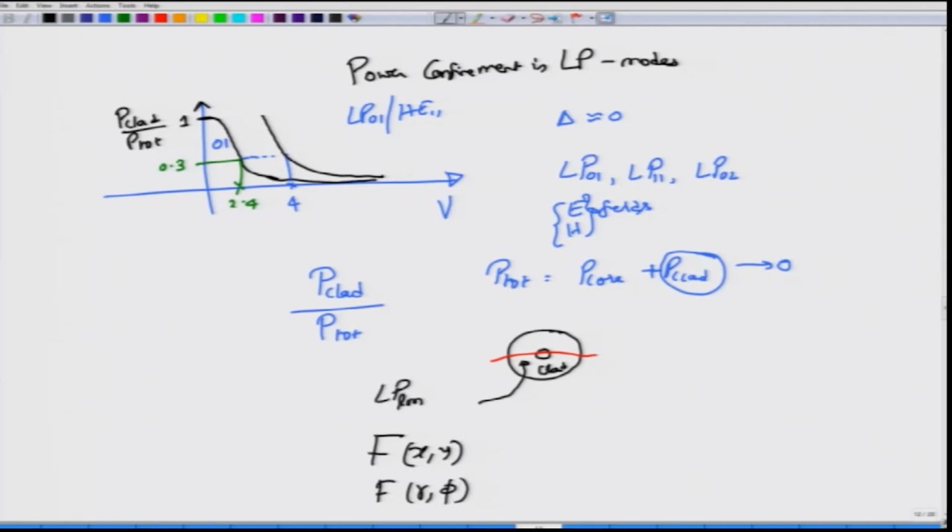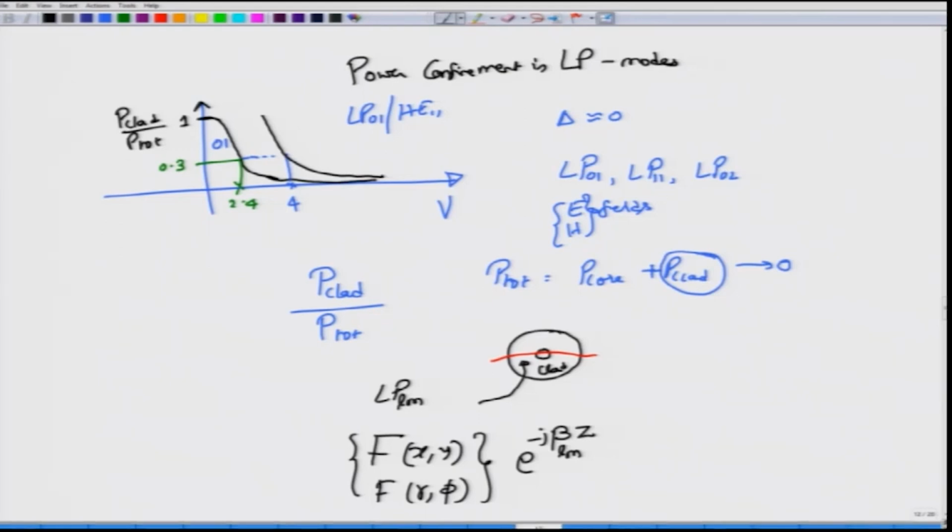But please remember these mode structures are in the transverse direction, because along z they would all be propagating as e to the power minus j beta_lm z, where beta_lm is the propagation constant for the LP_lm mode, and this f of x y or f of r phi is the transverse mode distribution. Okay. Which is what we have studied so far. These are not longitudinal modes, these are the transverse modes. It is in this fashion, through the corresponding electric and magnetic fields, that light actually propagates through the optical fiber.